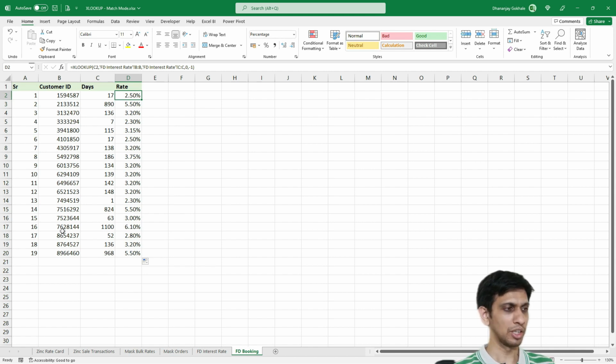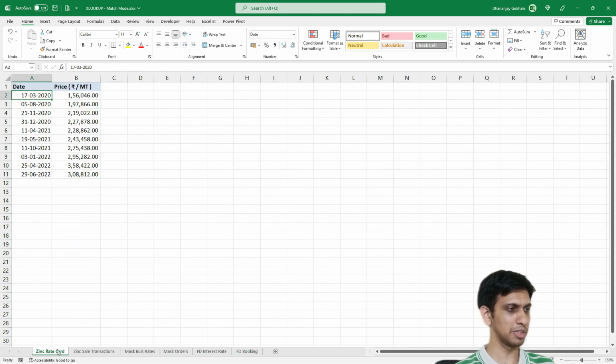Now the same thing will apply for dates also. Let's say this is the rate for zinc, in rupees per metric ton. The earliest rate I had for zinc was for 17 March 2020.